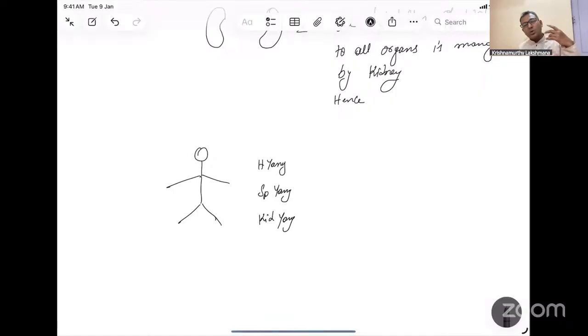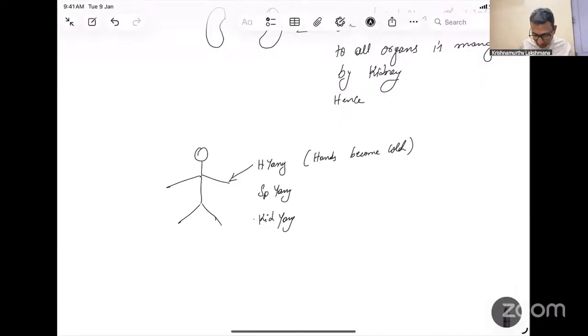Okay, so if the heart yang becomes less, what happens? The hands become cold. When the heart yang becomes less, hands become cold.